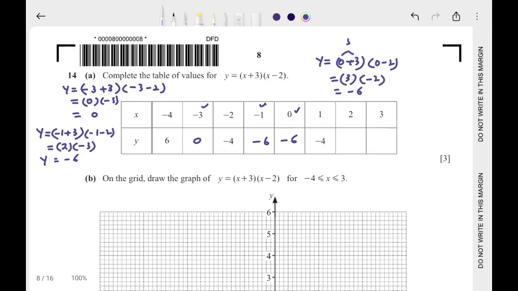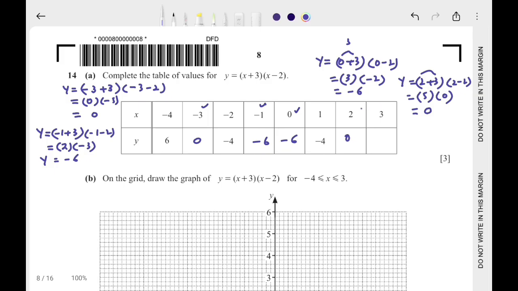Now we'll substitute 2. y is equal to (2 plus 3)(2 minus 2). 2 plus 3 is 5 and 2 minus 2 is 0. When you multiply any number with 0, you get 0. So it will be 0.